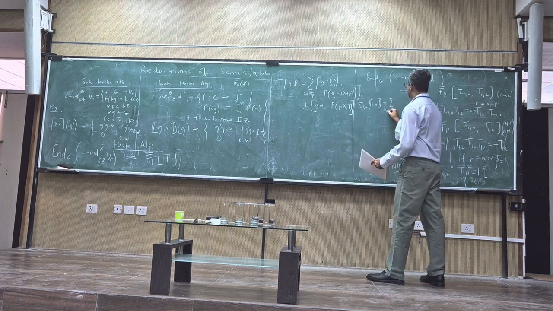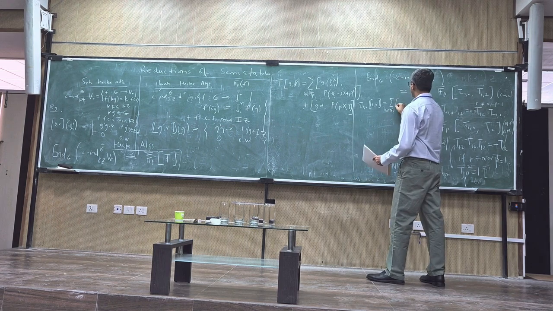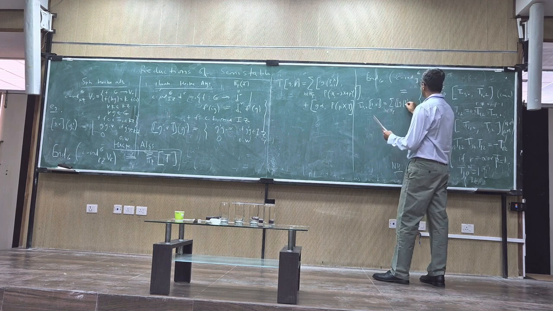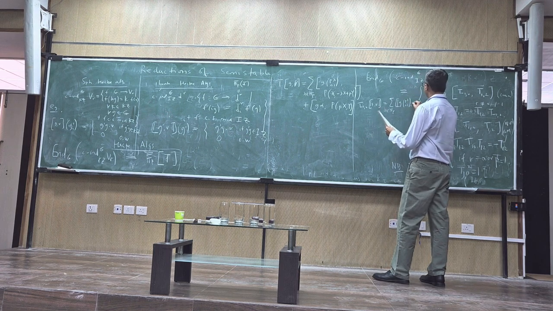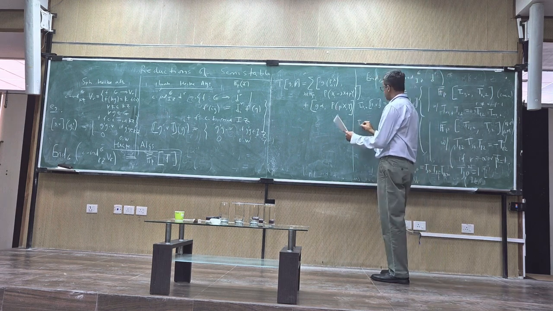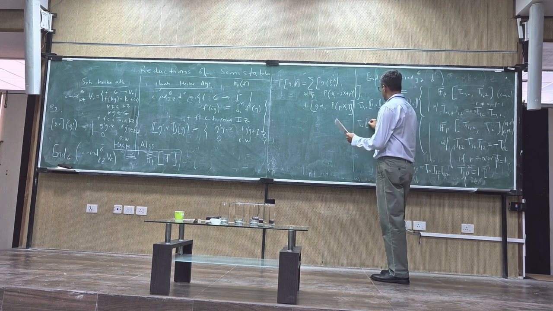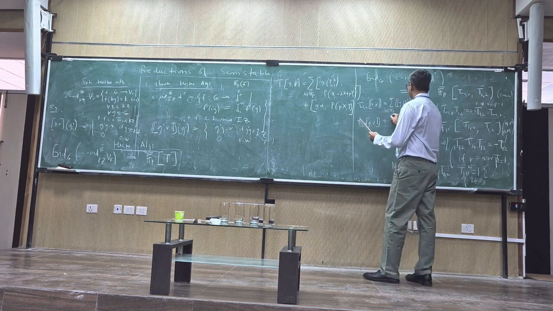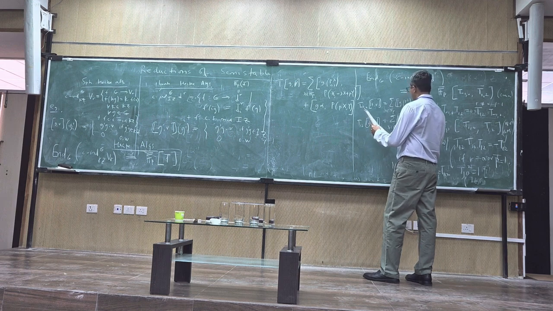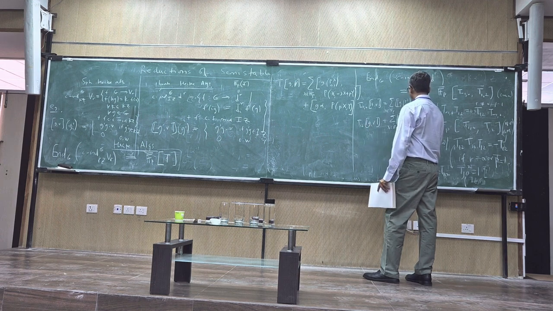Lambda belonging to F_p. Let me write them down first. T1, 2 of g v is equal to the sum, lambda belonging to F_p, of g1, 0, p lambda p.